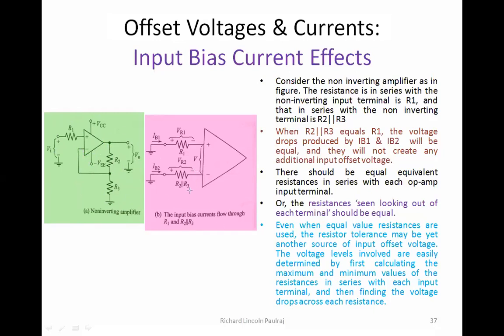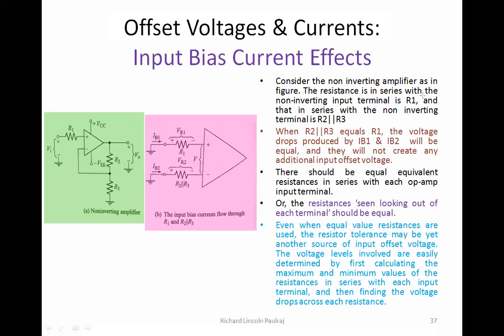So you can see that your R2 and R3 are parallel to each other, right? And I should be able to put the formula, R2 into R3 divided by R2 plus R3, and get an equivalent resistance here. Consider the non-inverting amplifier as in the figure.